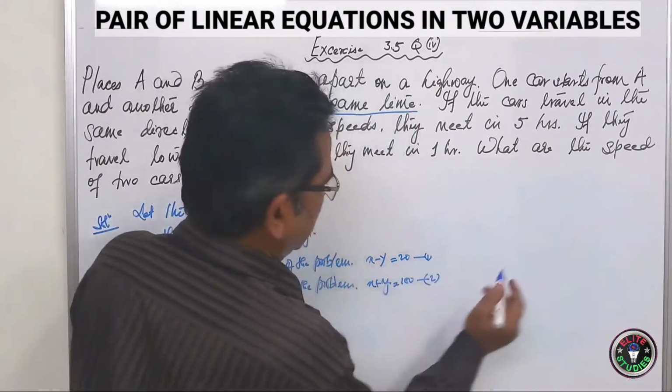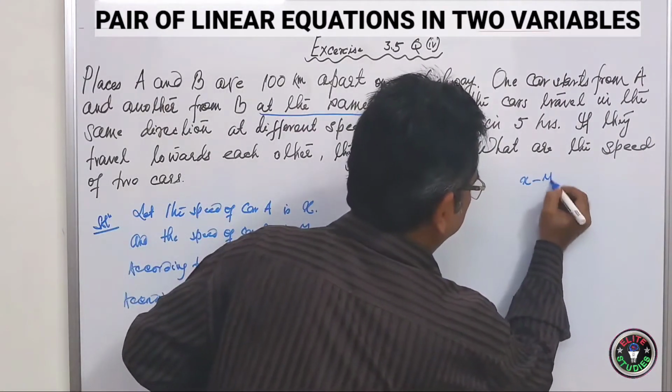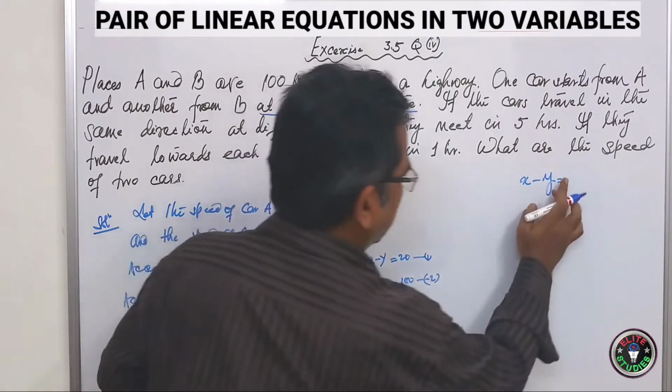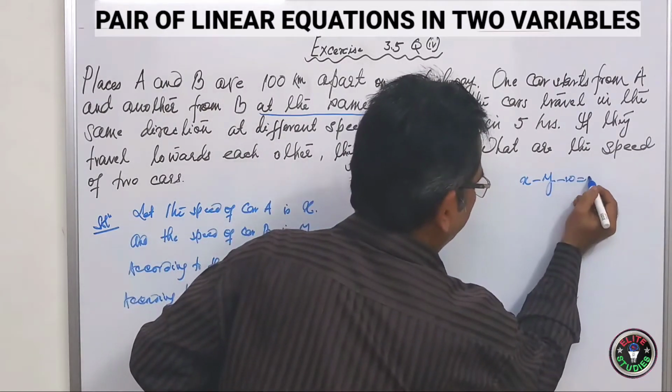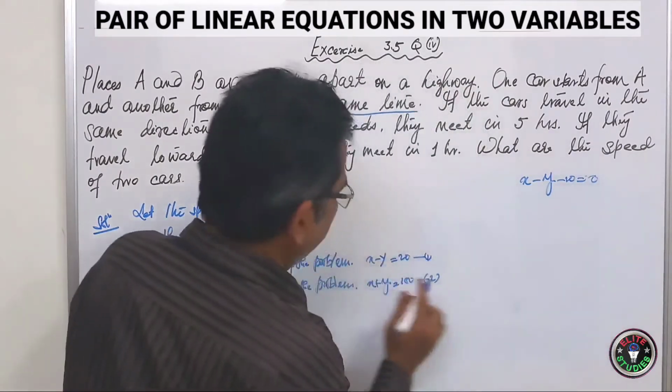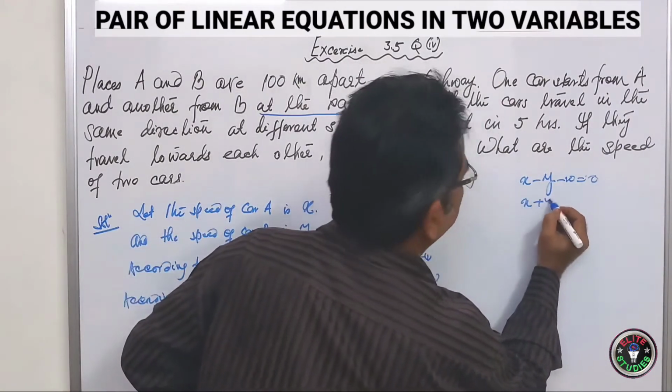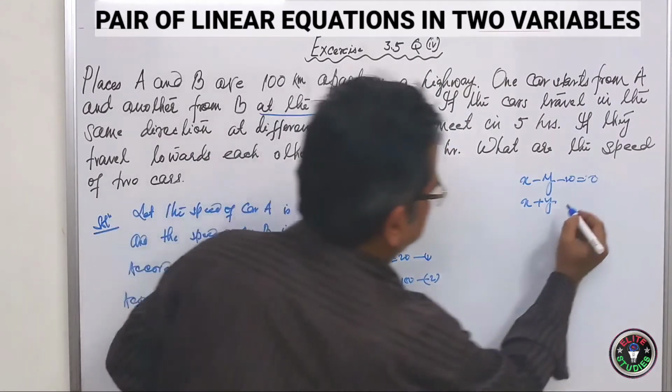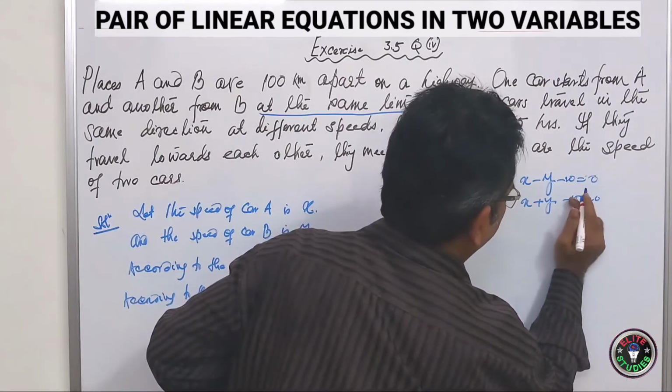Write the equation in this form: x minus y minus 20 is equal to 0, and x plus y minus 100 is equal to 0.